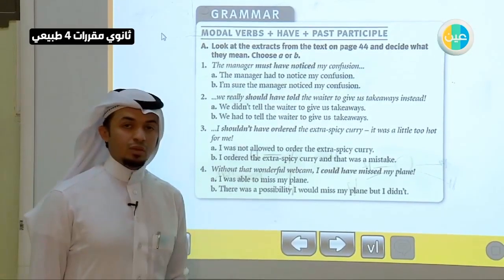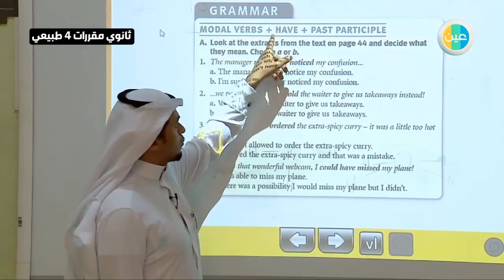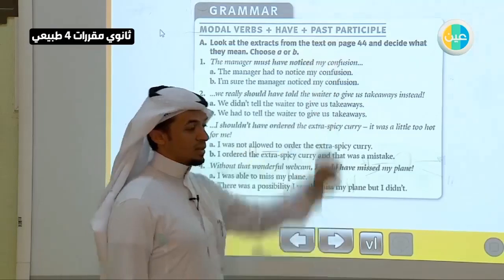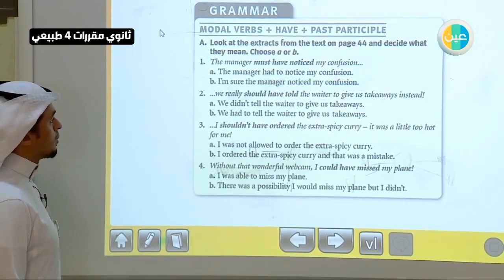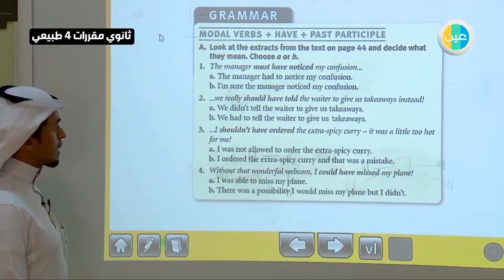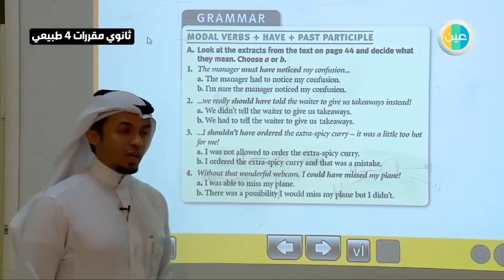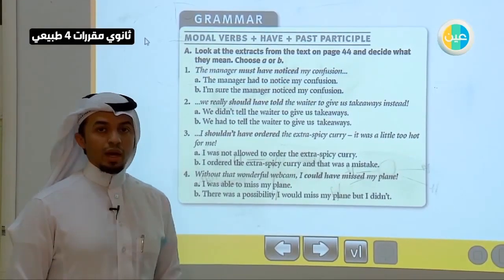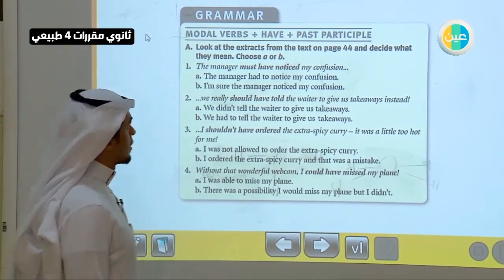What are the meanings when we use them with have and past participle? Let's see. Look at the extracts from the text on page 44, an article about the high-tech restaurants.